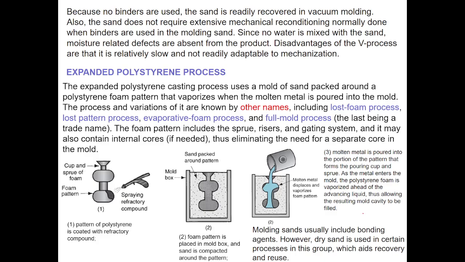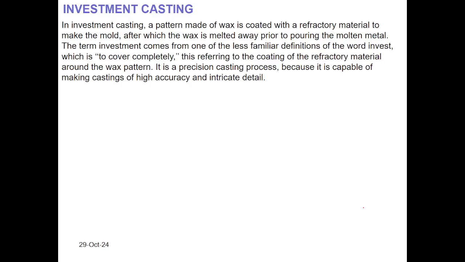In expanded polystyrene casting we use polystyrene foams. The other method is called investment casting. We use wax; the pattern is made of wax. To increase the resistance of the pattern to the effect of molten metal, we coat the wax with a refractory material.